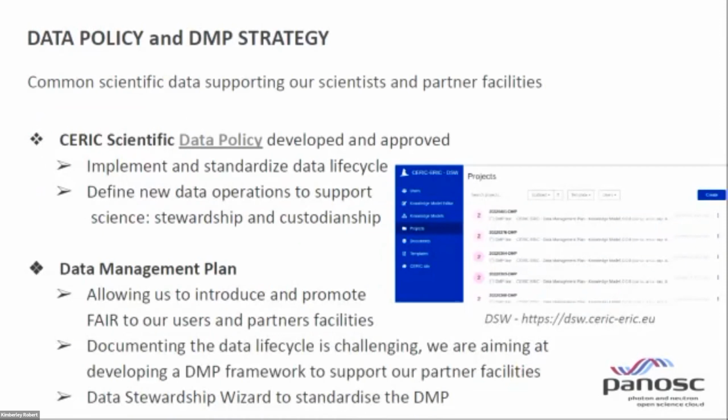So let's start with the data policy. We consider the data policy as the cornerstone of our scientific data management services, allowing us to develop standardized services based on the know-how and the expertise of the facilities that are already operating.